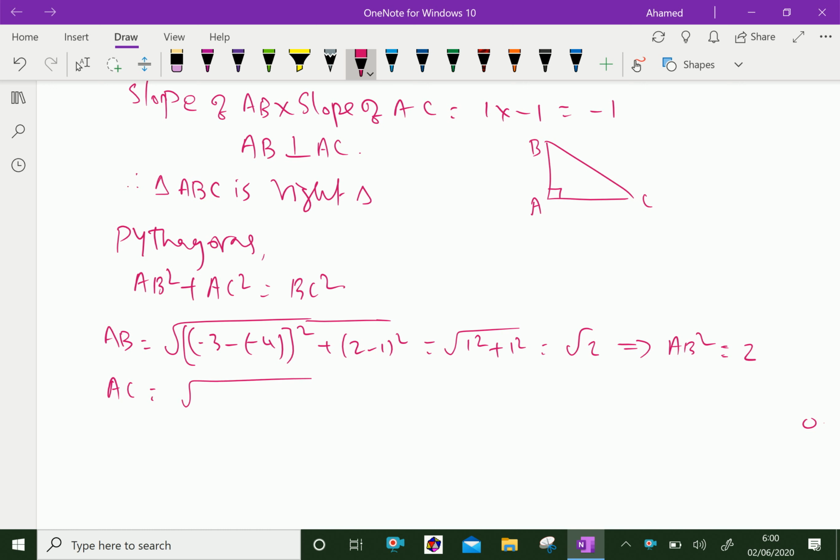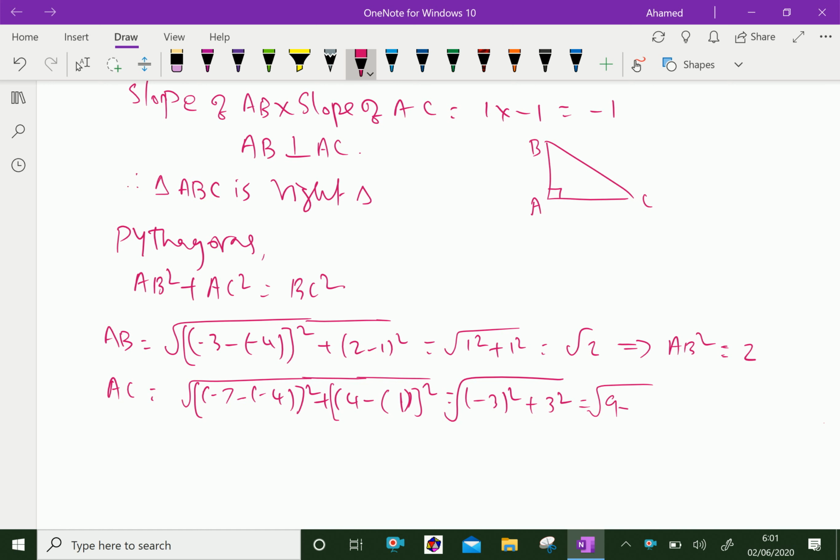AC is square root of (minus 7 minus 4) whole square plus (4 minus of minus 1) the square, which is equal to minus 7 plus 4 is minus 3 whole square, plus here 4 minus 1 the square, that is plus 3 square, which is equal 9 plus 9.